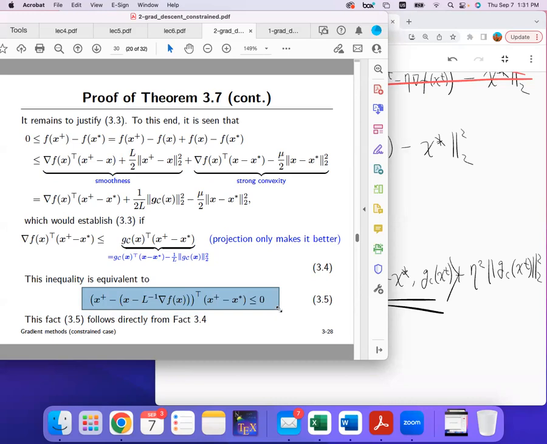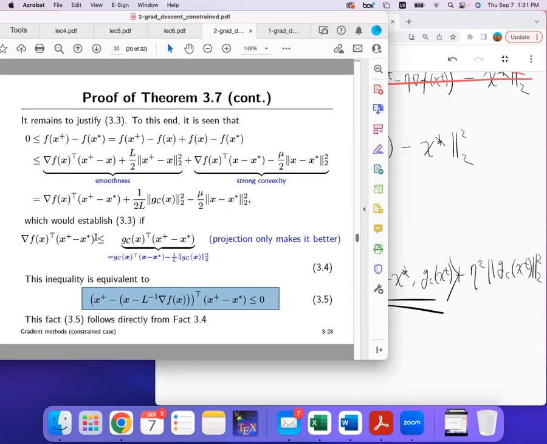And this inequality actually can be proved directly from 3.4. There's nothing new here.